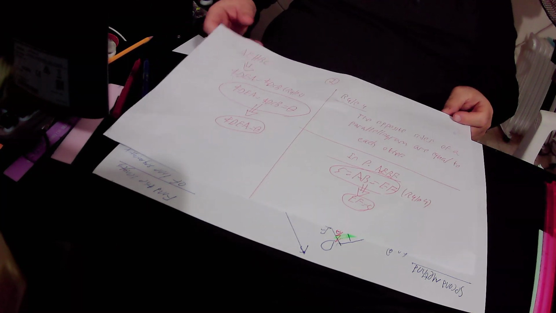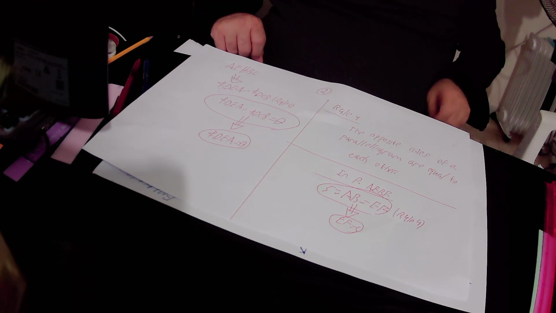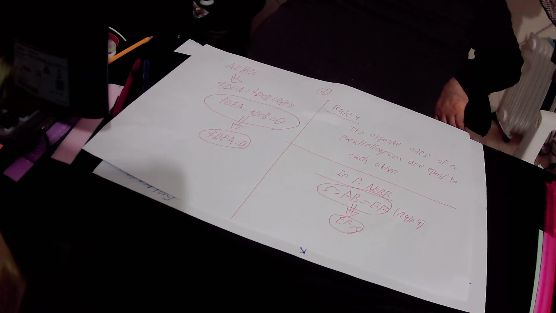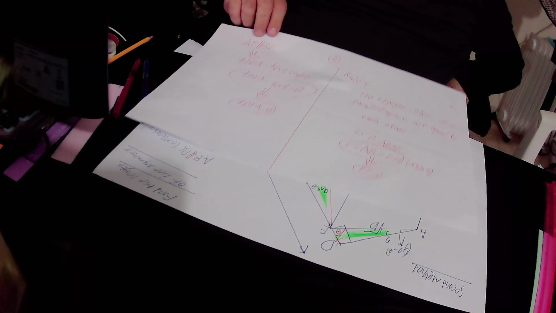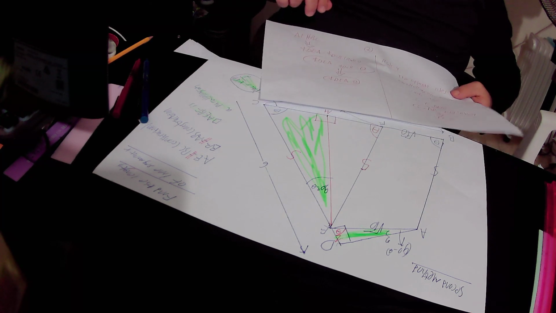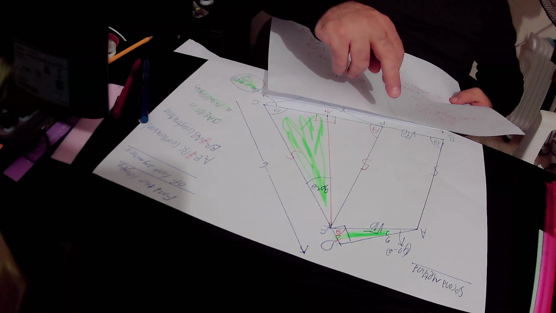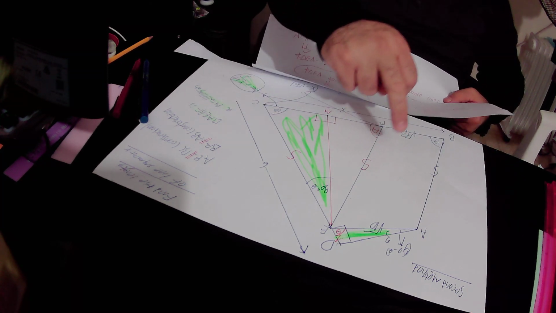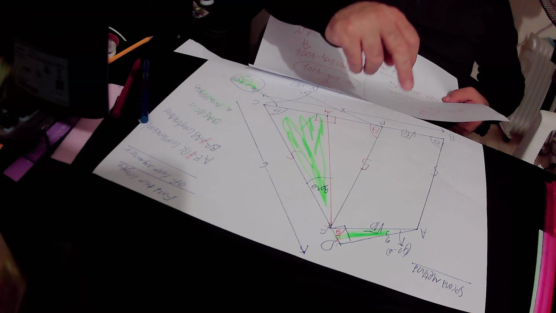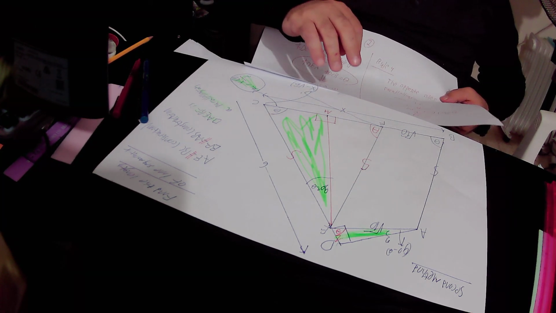Rule number 4: the opposite sides of a parallelogram are equal to each other. So if we relate to the parallelogram AEBF, according to rule number 4, its opposite sides are equal to each other.